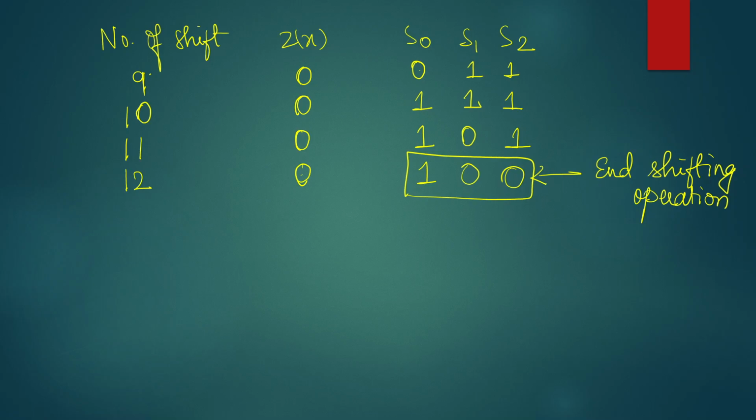Once we bring the syndrome pattern to this 100, or 1 followed by any number of zeros. In the syndrome, as we said, the highest degree of the syndrome polynomial is n minus k minus 1 or lesser. So this polynomial should always have this representation. That means s of x should always be equal to 1.